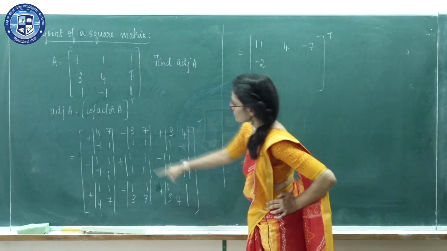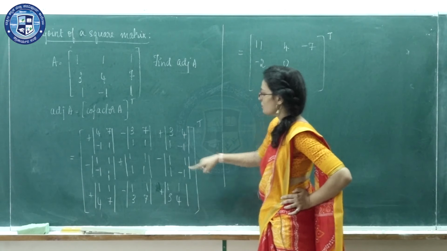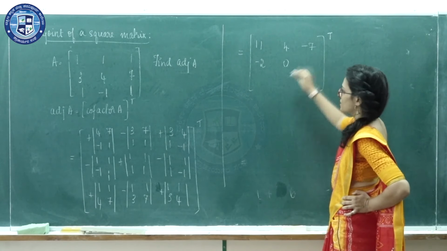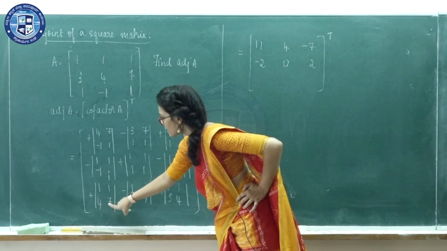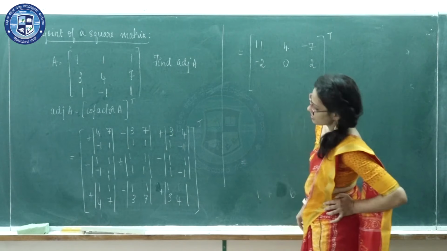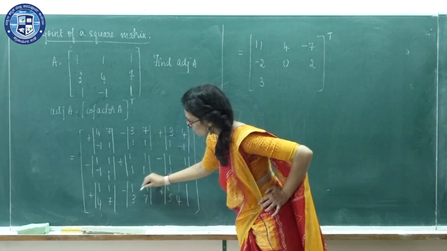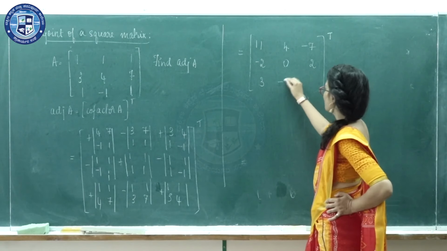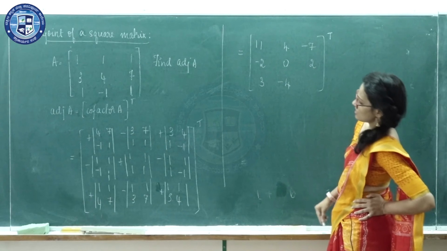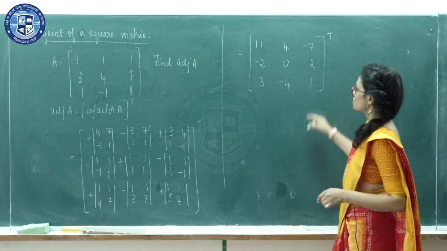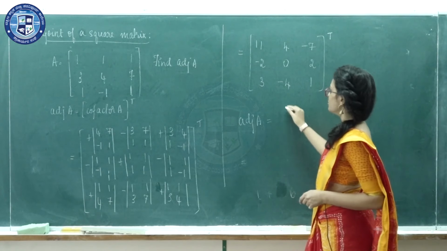Next term 0. Next term minus 1 is minus 2, but there is a minus sign outside, so you get plus 2. Next term 7 minus 4, 3, so we get positive 3. 7 minus 3 is 4, minus 4. Here 4 minus 3 is 1 plus 1.